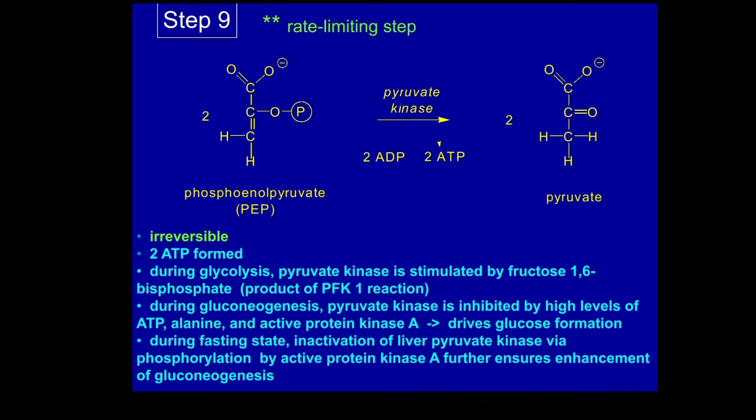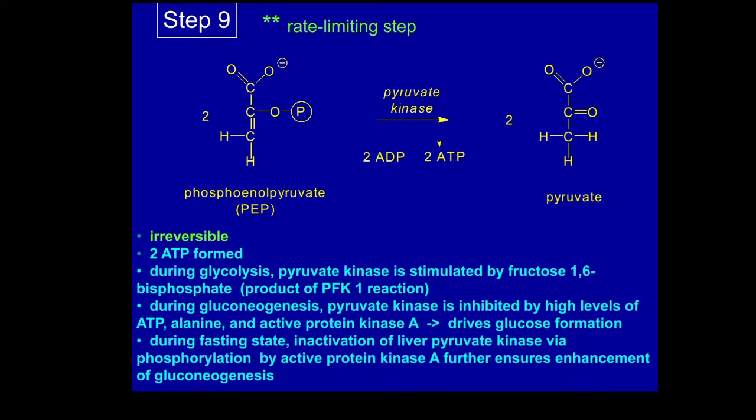So, this is important first because it's a rate-limiting enzyme. Second, it produces ATP. So, it's both a rate-limiting enzyme and produces ATP. And third, it's going to be regulated by a number of molecules.